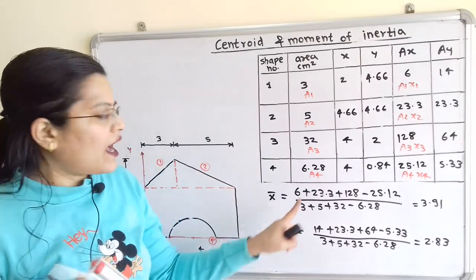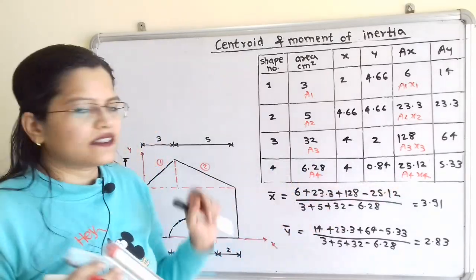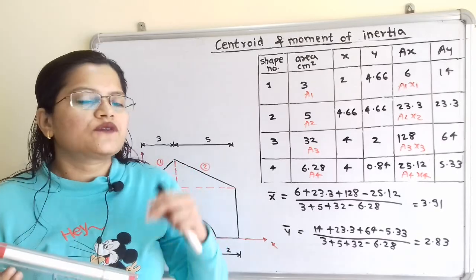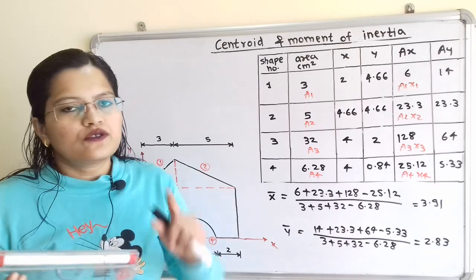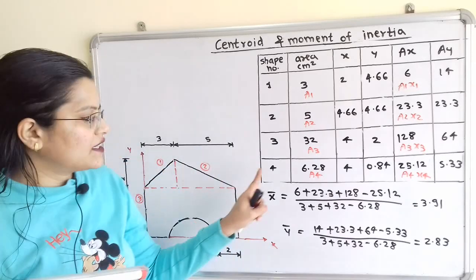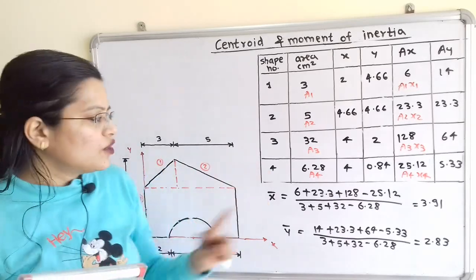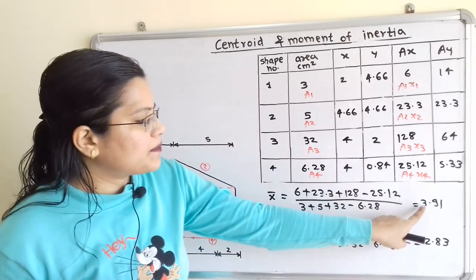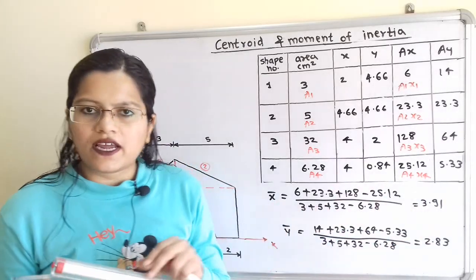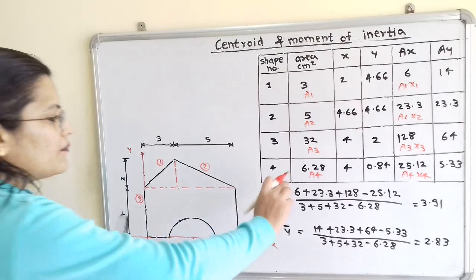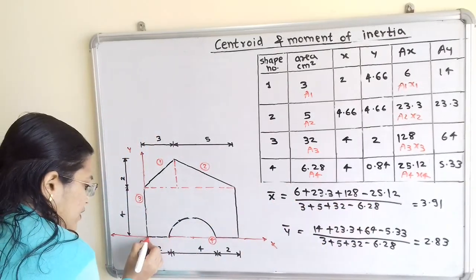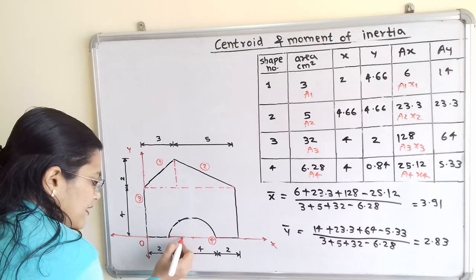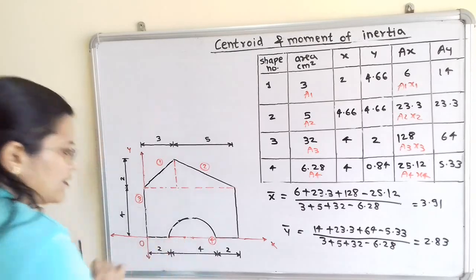Now why we are going to subtract the shape number 4 because we have to calculate centroid for the shaded area. So this semicircle is not shaded, which is the shape number 4. So when we calculate, then x bar is equal to 3.91. Now we will plot this point on the x-axis. So from this origin we will take point at a distance 3.91.